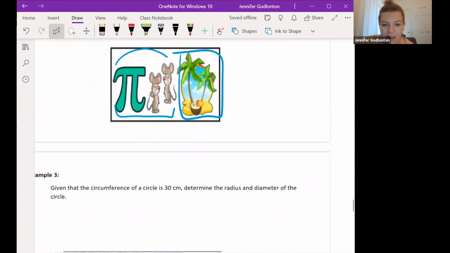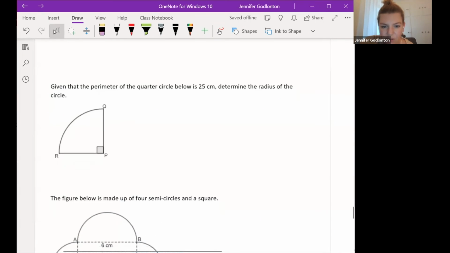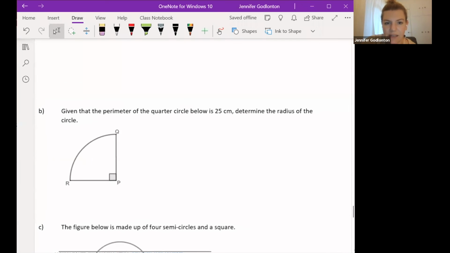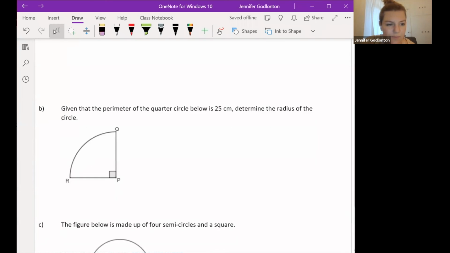Should we do something nice and easy to end with? Let's do something nice and easy to end. Okay, we're going to look at B for this question. So they have told you that the perimeter of the quarter circle below is 25 centimeters.